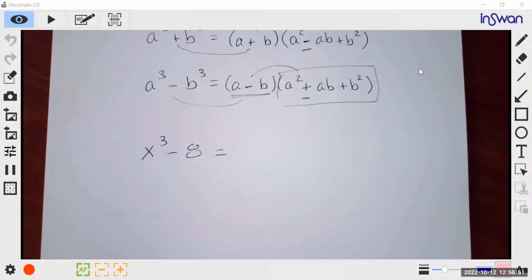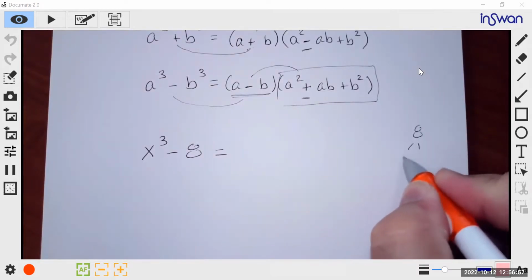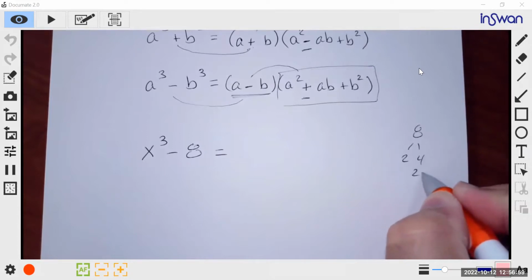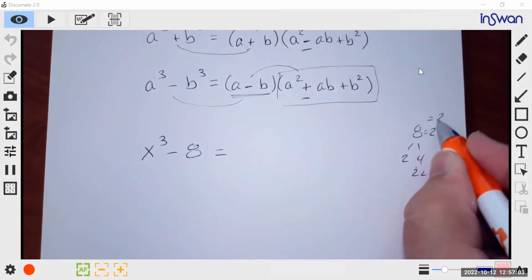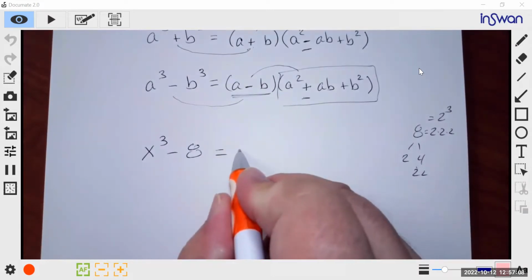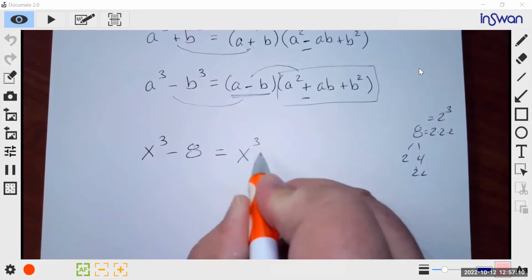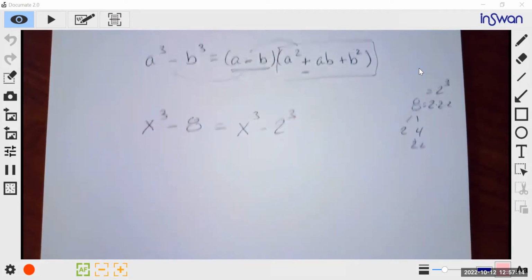What is 8 made up of? 2 times 2 times 2. In other words, it's 2 cubed. So it's the same thing as x cubed minus 2 cubed. So it is a difference of 2 cubes.